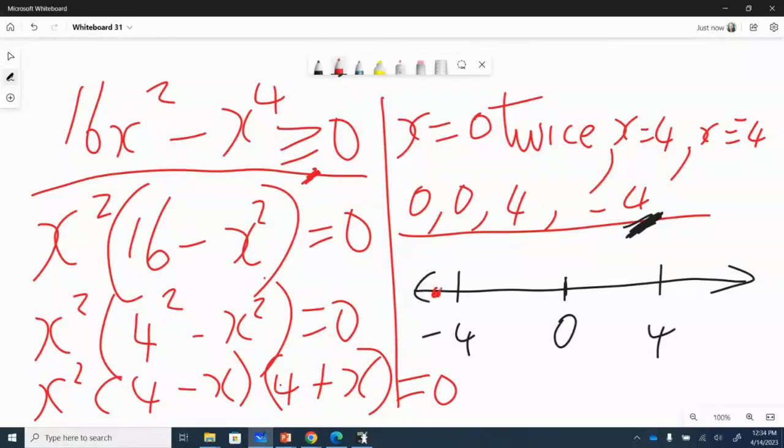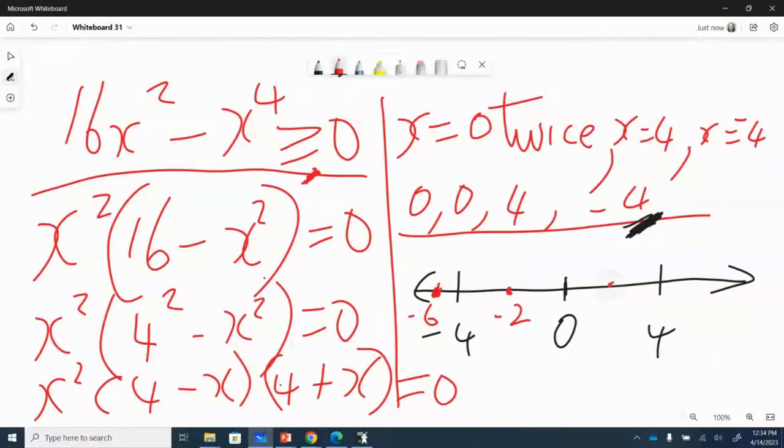The first section is from negative infinity to negative 4. So I'll pick a point from here. I want to test negative 6. The next region is from negative 4 to 0, and a number between them is negative 2. I'll have that as my test point also.